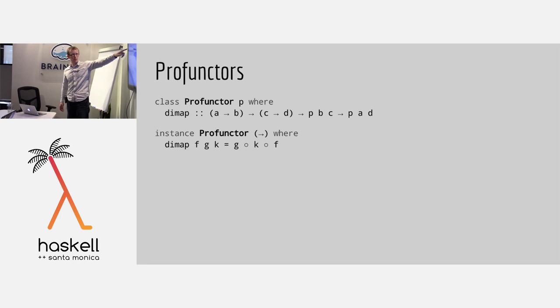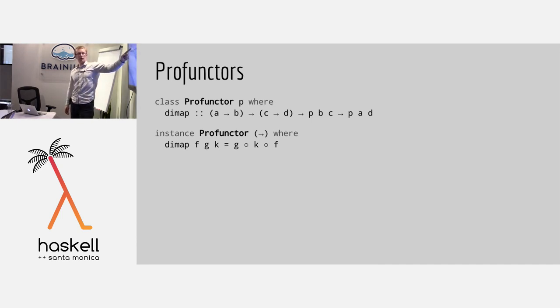So we have this dimap operation, and there's a nice motivating example here, which is the function arrow. Okay. So now again, just like in the invariant case, I have two functions. I have an a to a b and a c to a d, and now I can map contravariantly in my first argument with this function here. So I can take a b and I can turn it into an a.